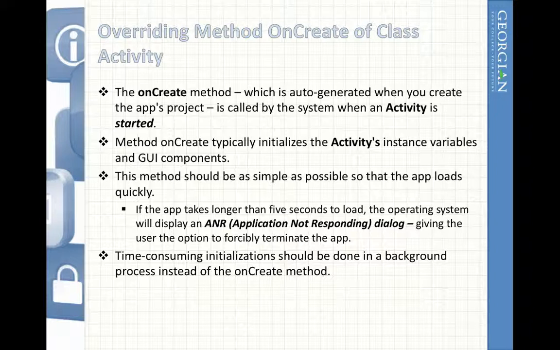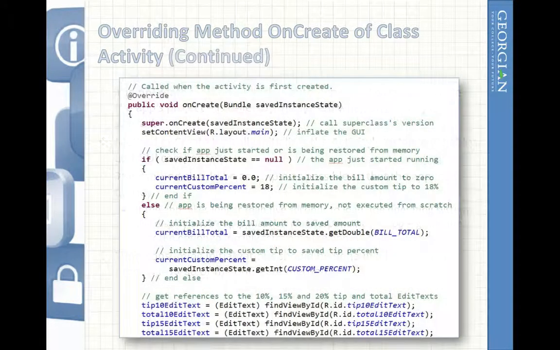We have our private instance variables inside of our class, and we can initialize them inside of our onCreate method, because onCreate is almost like the constructor method of the main activity, if you will. The constructor is there, but it's hidden because we don't need it right now. We don't have a main activity constructor method, so programming in Android is a little different than programming in regular Java.